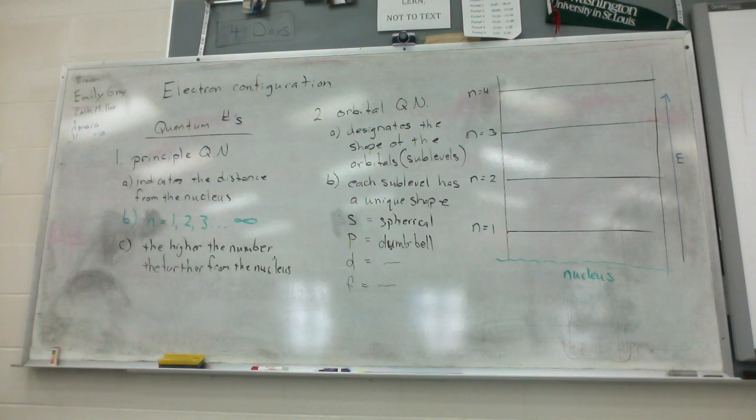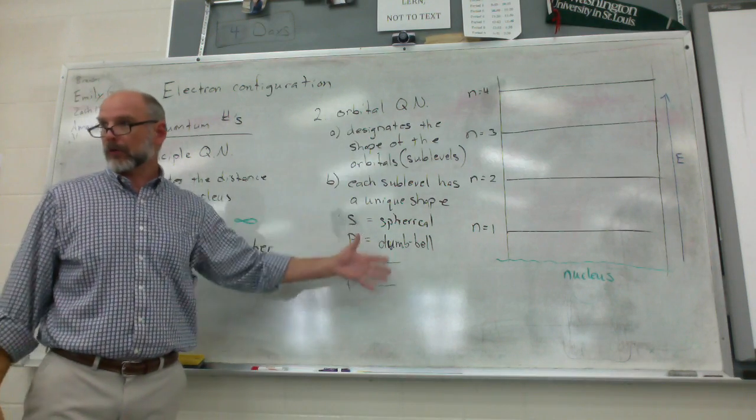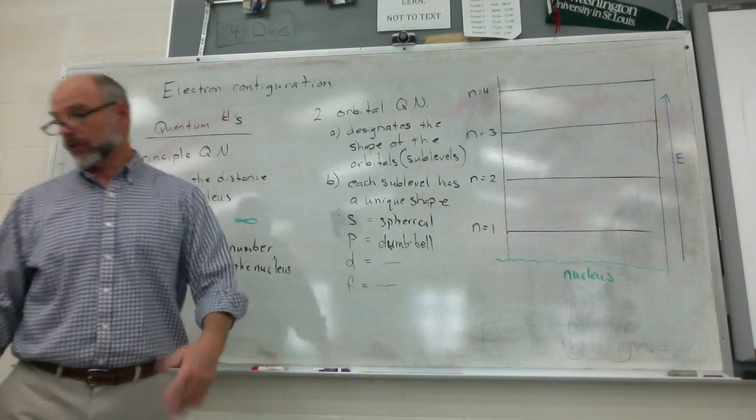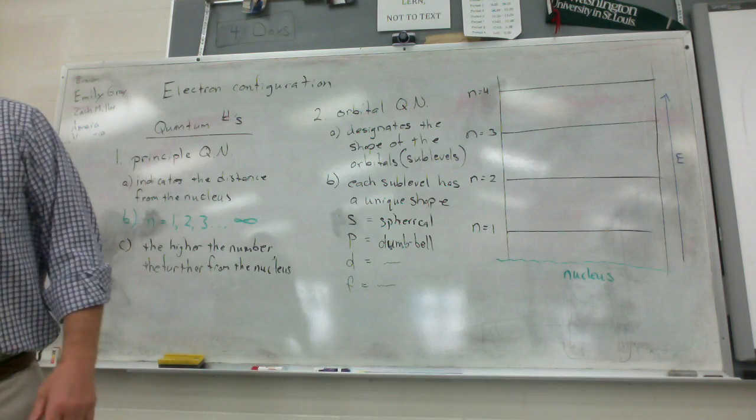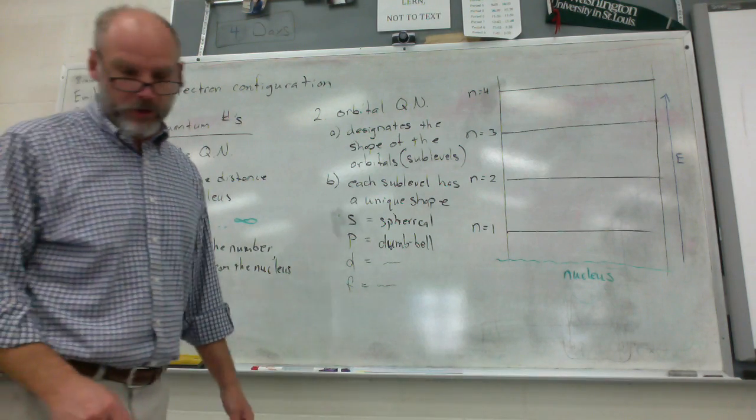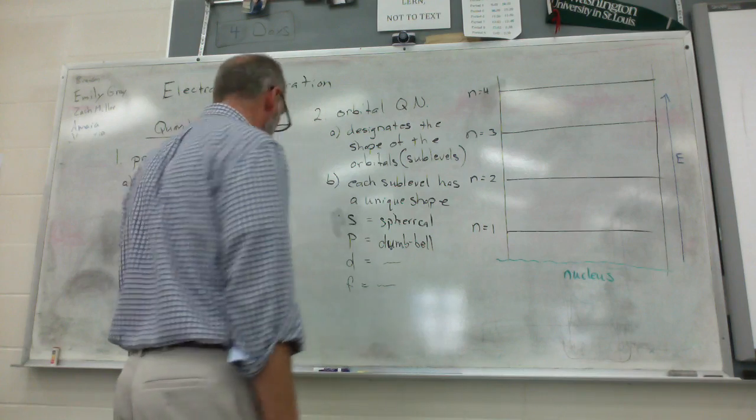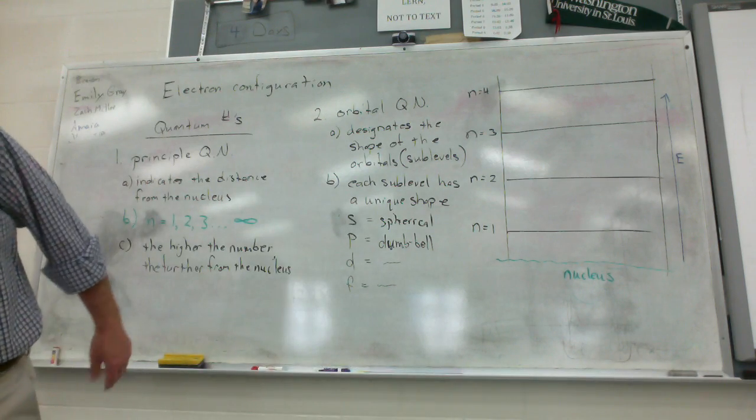So anyway, there's more to this though. I said that these are descriptors. They're not quantum numbers. So I'm actually going to throw the quantum number at you right now. I said I was going to use green. Where'd my green marker go?